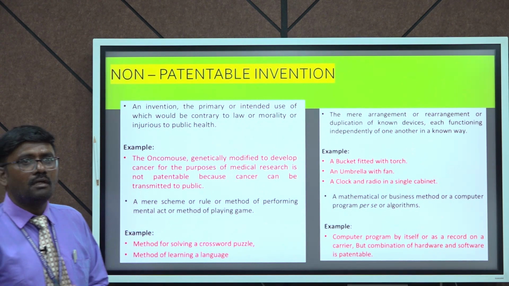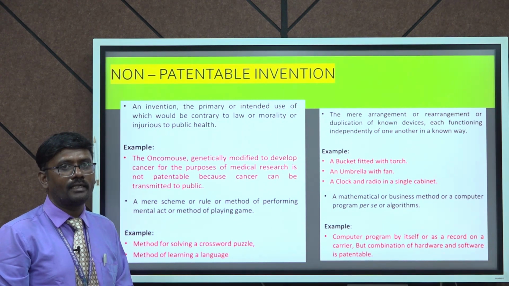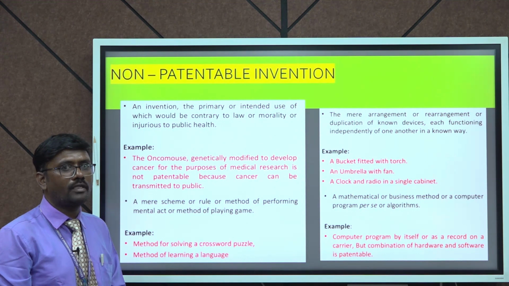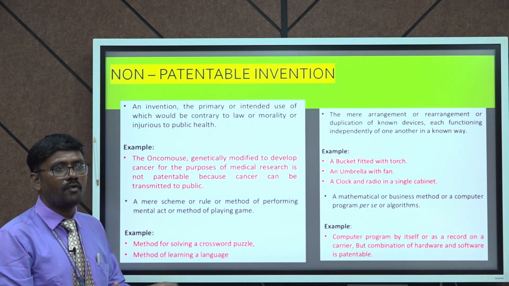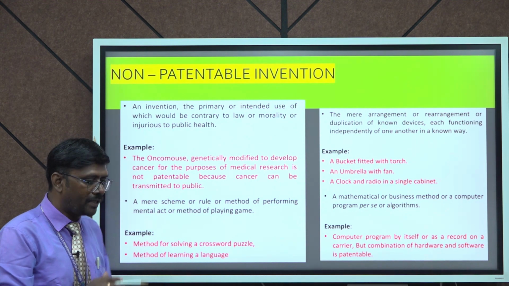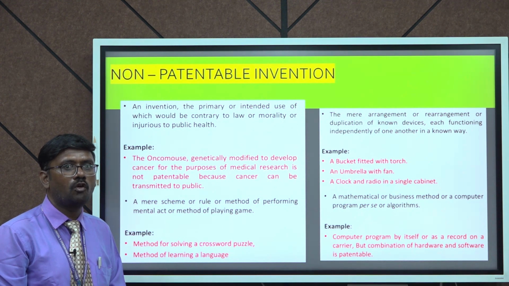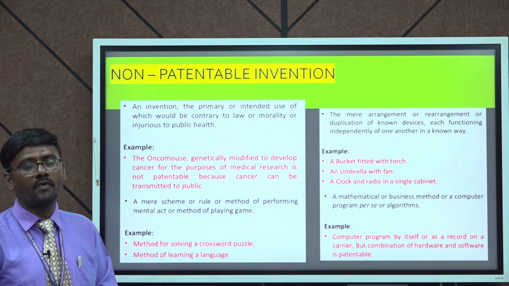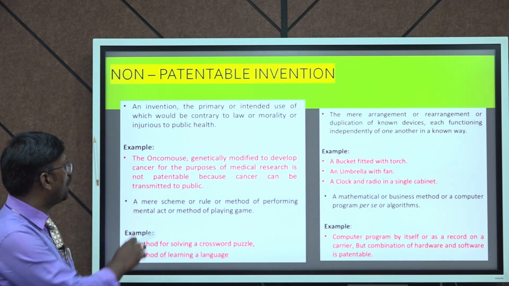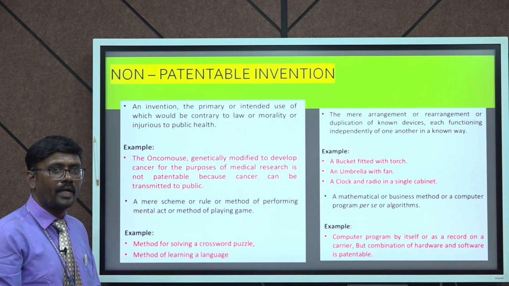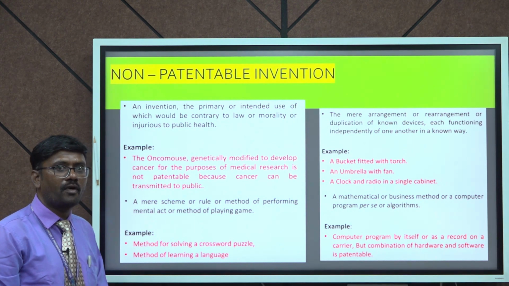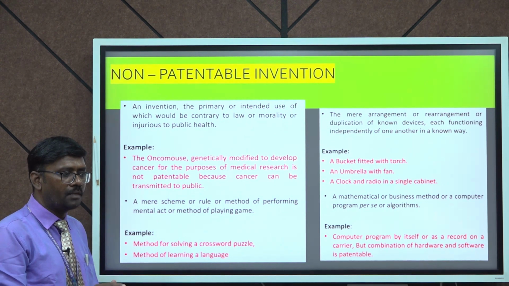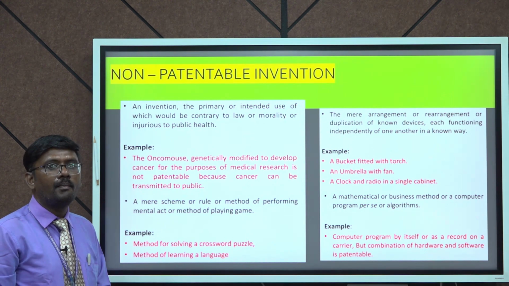Another question is, we should know what cannot be patented, that is most important. So, you cannot take all inventions and technology for filing a patent. The very first thing is, in medical research, the onco mice, the animal models used in cancer research for developing drugs, where that onco mice is genetically modified and tested for various cancer drugs. So, that mice cannot be patented.